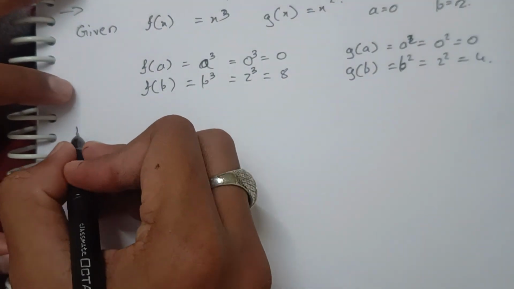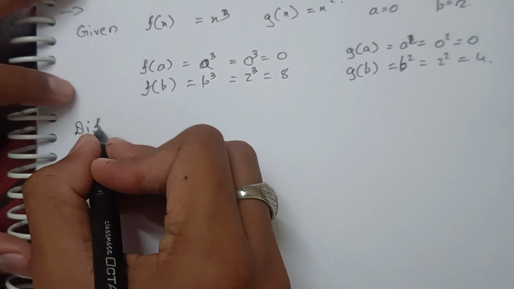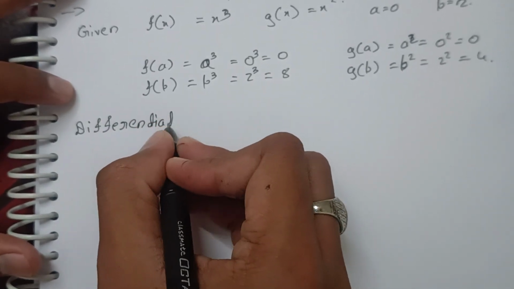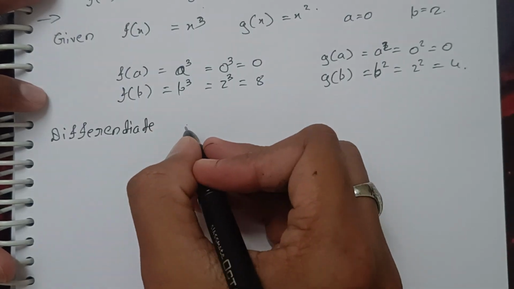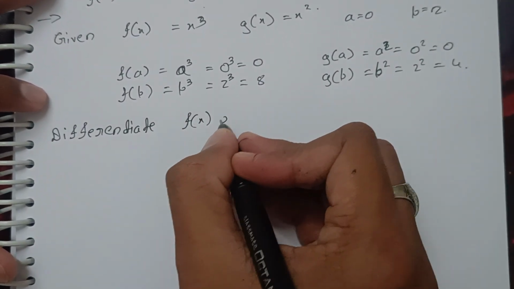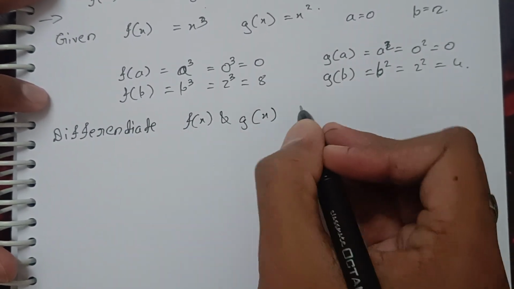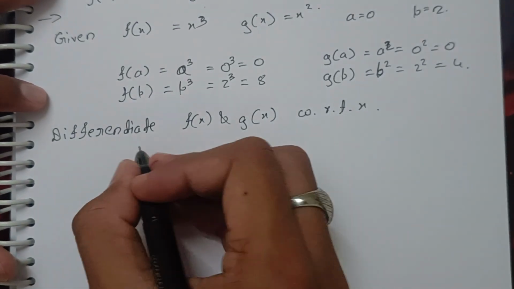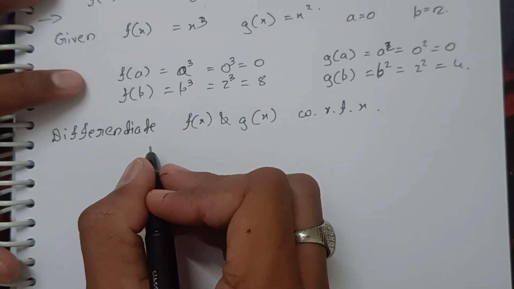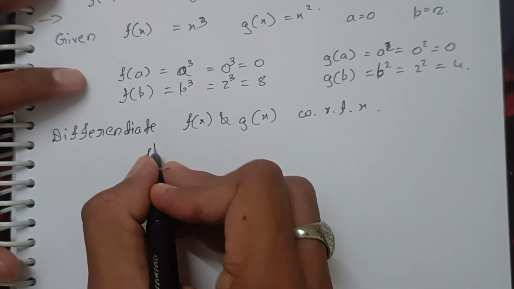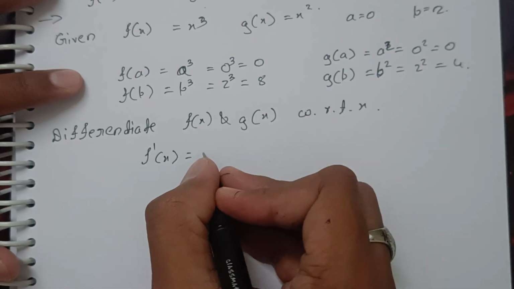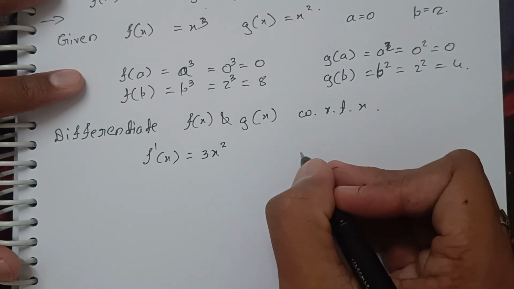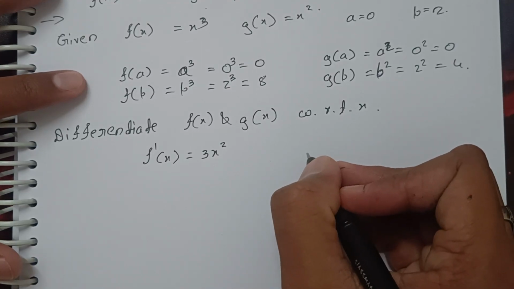Now we differentiate f of x and g of x with respect to x. So after differentiating, f of x will become f dash of x, which is 3x square, and the same for g of x.